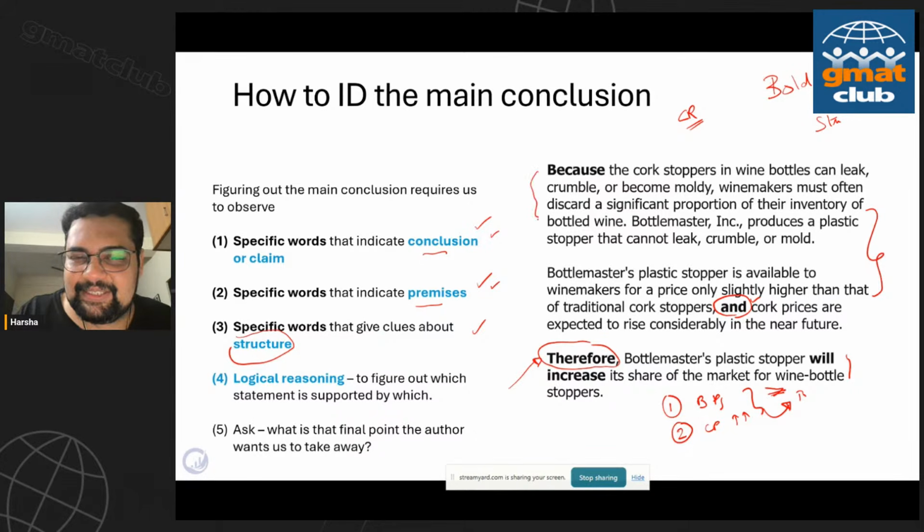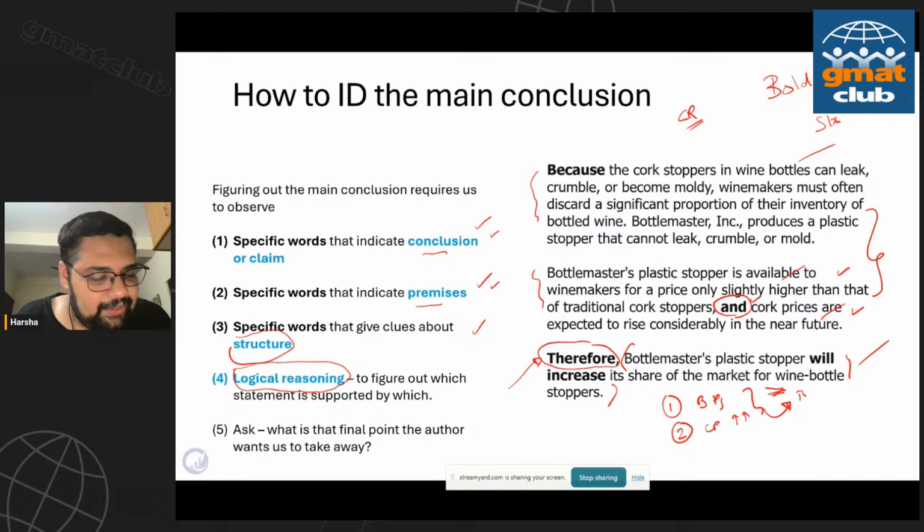You have to understand all the ideas being communicated about cork stoppers and plastic stoppers as far as this argument is concerned. You can't just read this and say, okay, some premises there, some conclusion is being made. You still have to understand the subject matter. Only then can you do logical reasoning. Only then can you figure out why this last statement is a conclusion. It flows when you understand the content, right?